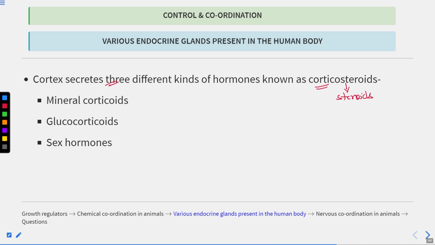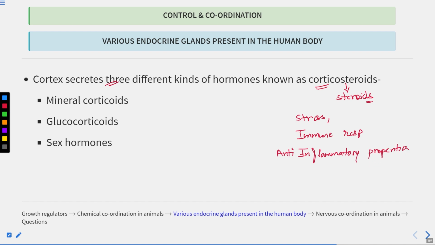Corticosteroids are involved in the stress response and the immune response, and they also have anti-inflammatory properties.